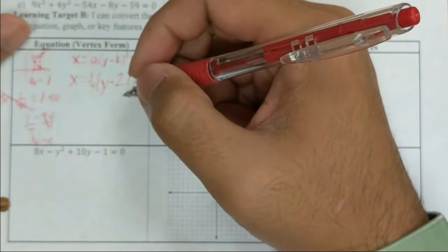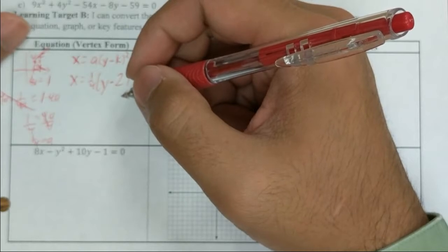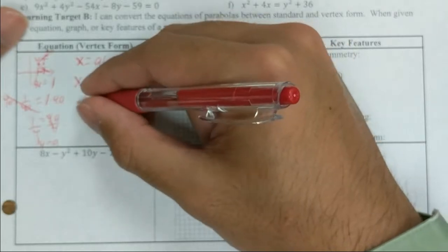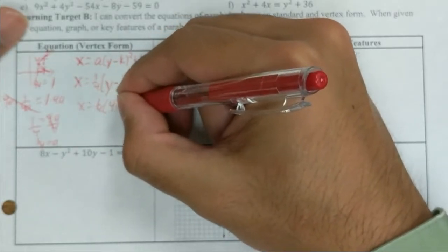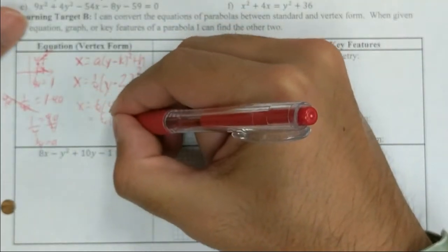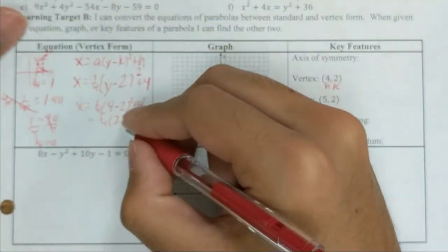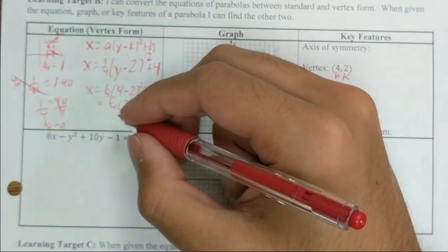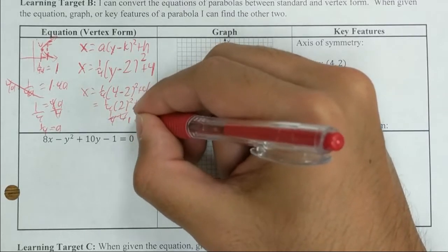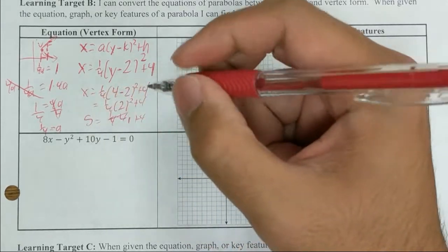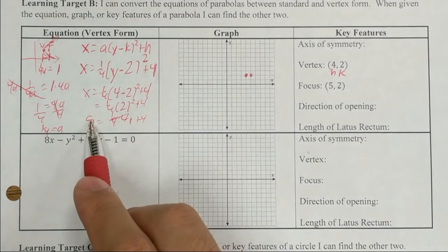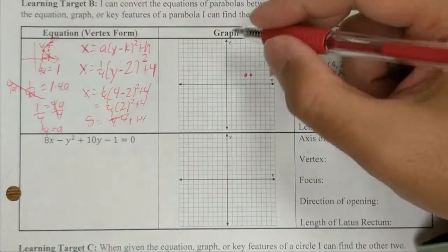So let's try making y 4. 2 squared is 4. 1/4 of 4 is 1, plus 4 is 5. So when y is 4, x is 5. So (5, 4) is a point on my graph.